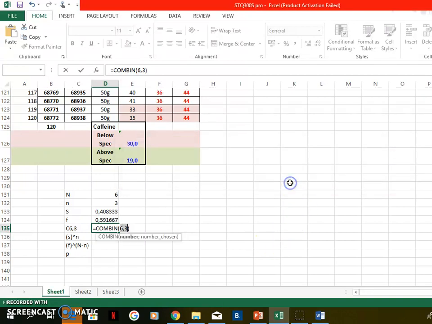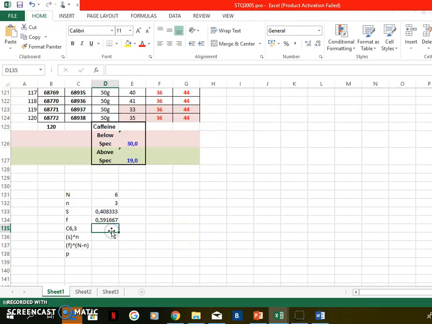Sorry guys. The reason we are not getting an answer for this combination is because of the setup of my Excel. My Excel uses a semicolon instead of a comma. So let's go over this again and use the correct semicolon.